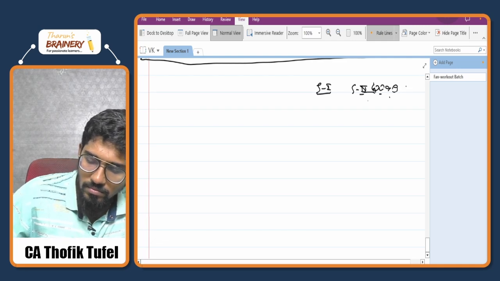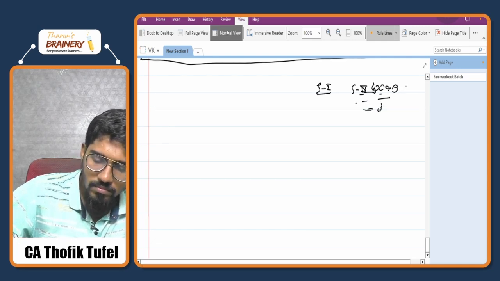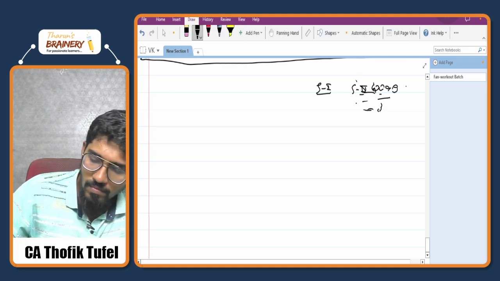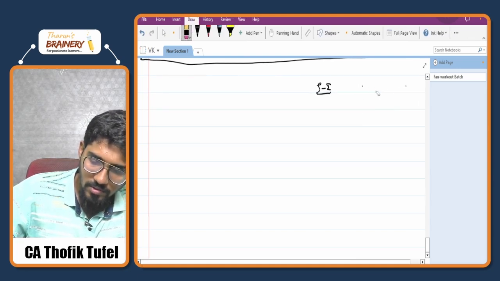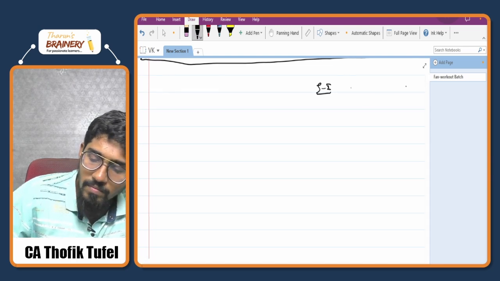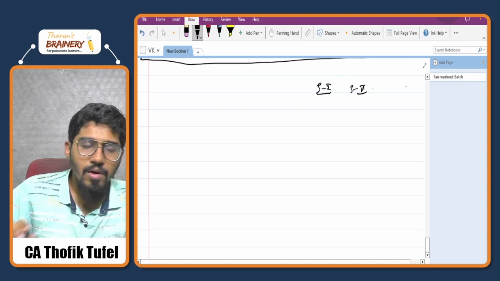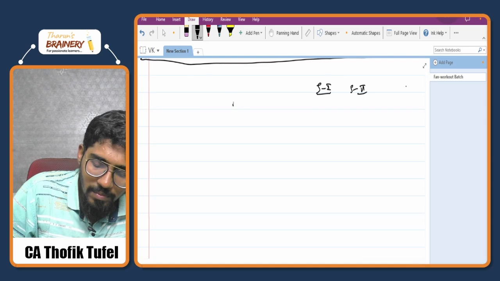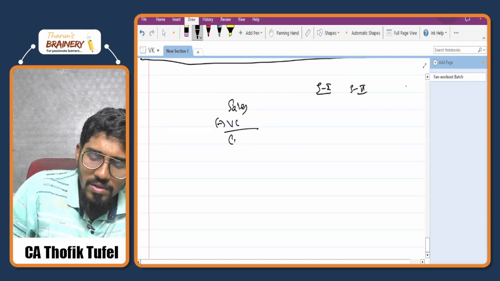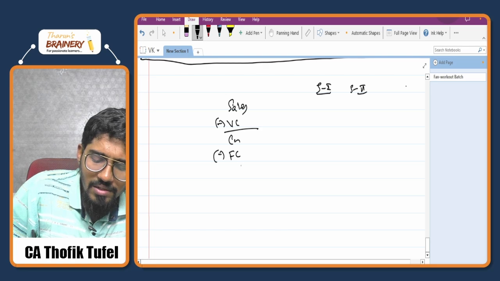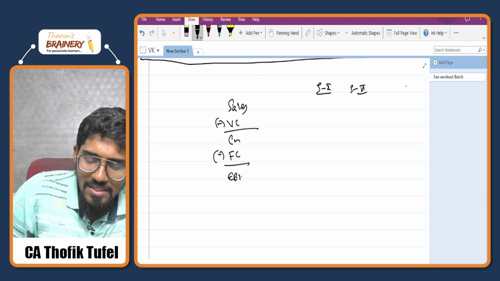So first we will draw the income statement: sales minus variable cost is equal to contribution, minus fixed cost is equal to EBIT.